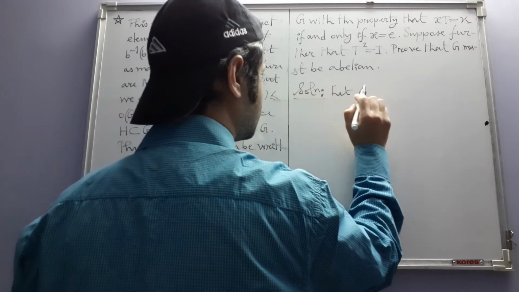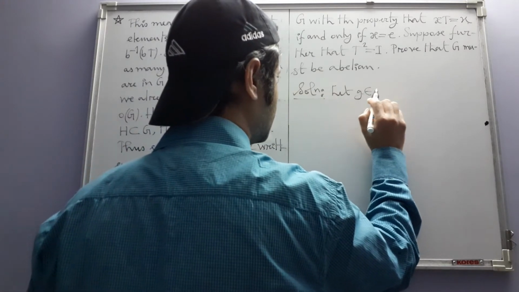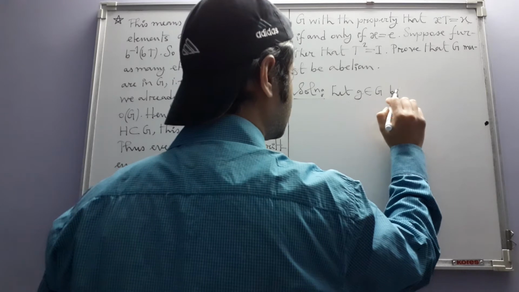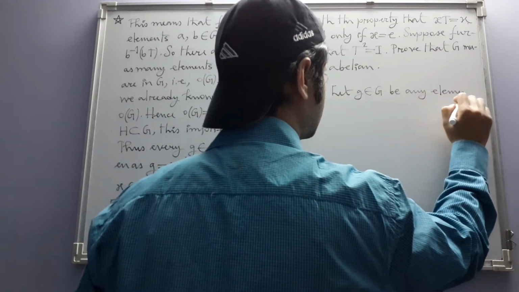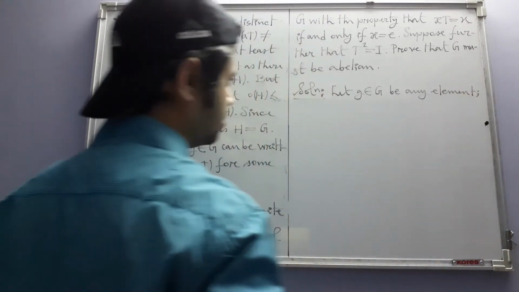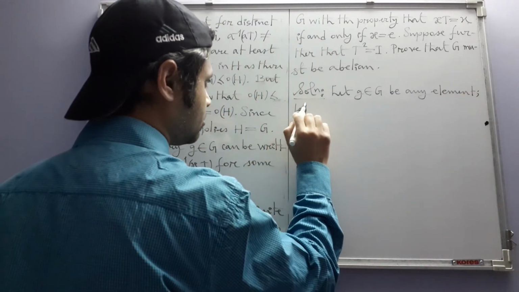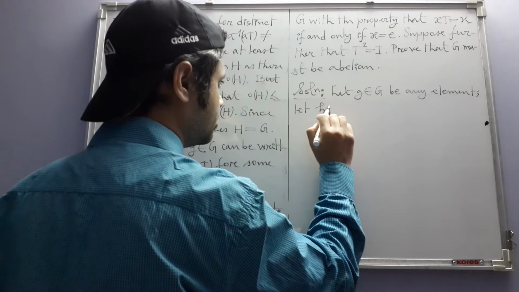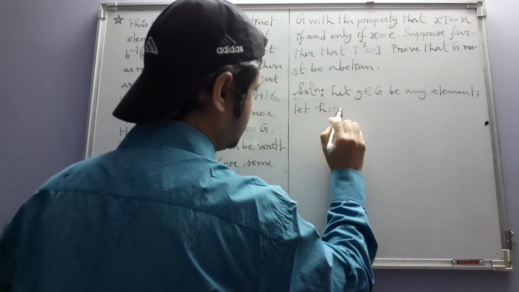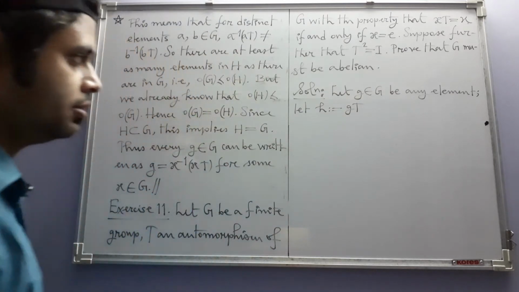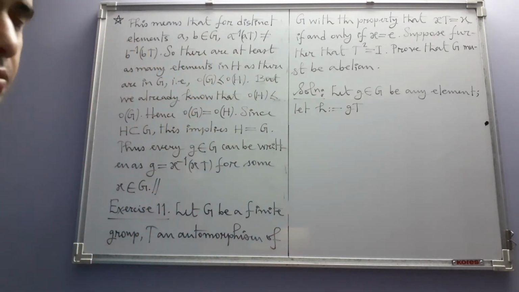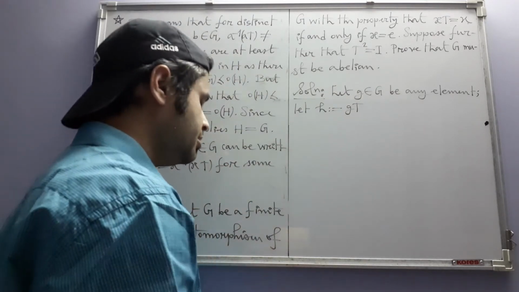Let G belonging to G be any element, and let us denote the image of G under T by H. Okay, H means GT.